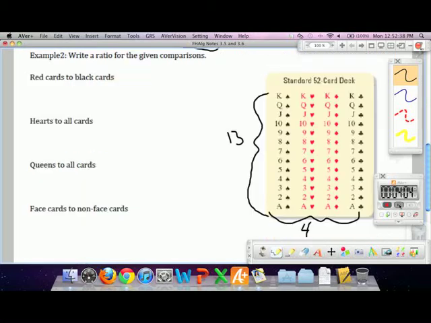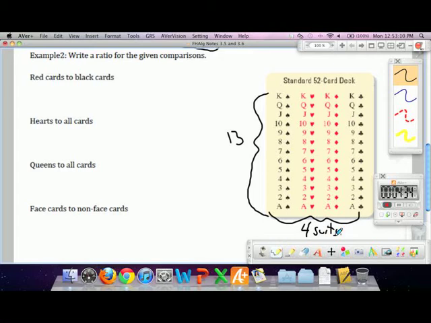In a deck of cards there are 13 different kinds of cards. There are 4 suits: spades, hearts, diamonds, and clubs. The hearts and diamonds are red. The spades and clubs are black. The other classification of the cards is face cards and not face cards.